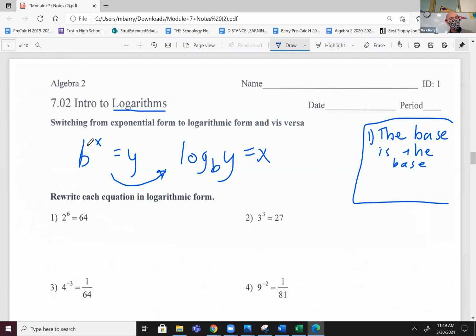So in the exponential form, the base is whatever's holding up the exponent. In the logarithmic form, the base is the little subscript right after the log and right before what's inside the log. But when we're switching back and forth, the base is the base.